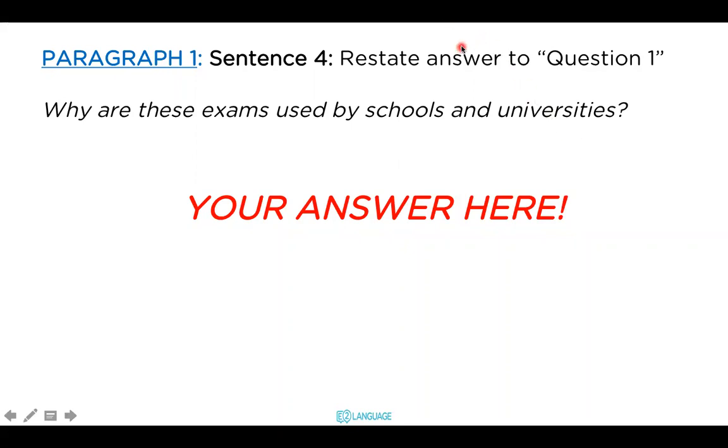Let's have a look at this final sentence of the paragraph. Herman is quick off the blocks. He writes, this paragraph has evidenced that this evaluation method is trouble-free and therefore is popular in many schools and universities. I wouldn't start with this paragraph. I would start with something like, as can be seen, or to wit, or in summary, something a little bit clearer.